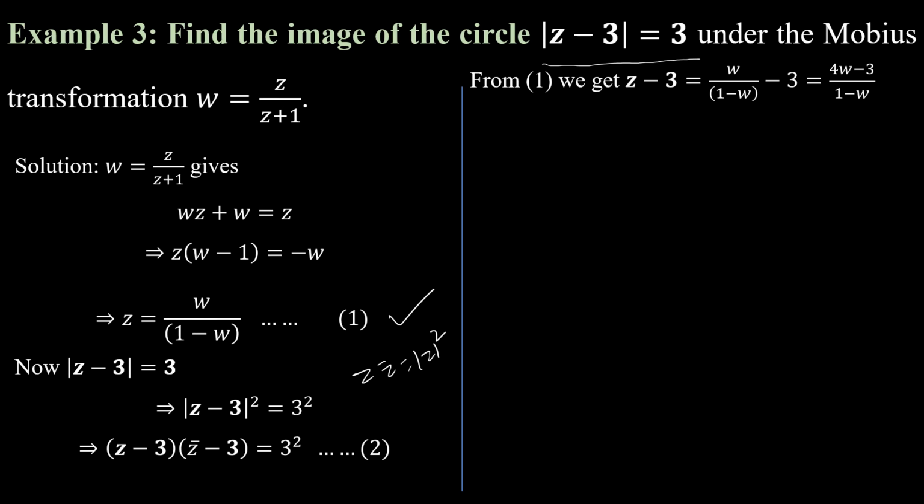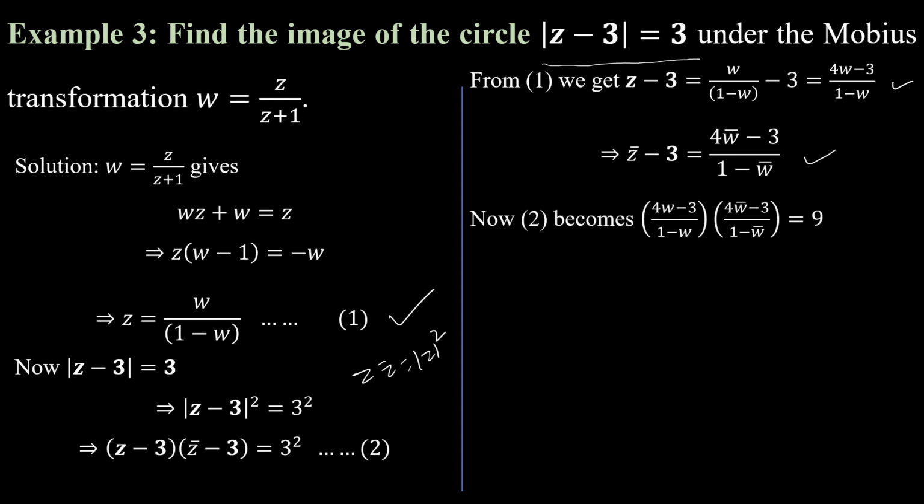Now we put the value of z, that is w upon 1 minus w. So z minus 3 is this one, and z bar minus 3 we can get this one. Putting this in equation 2, it will be (4w minus 3) upon (1 minus w) times (4w bar minus 3) upon (1 minus w bar), and this equals 9.